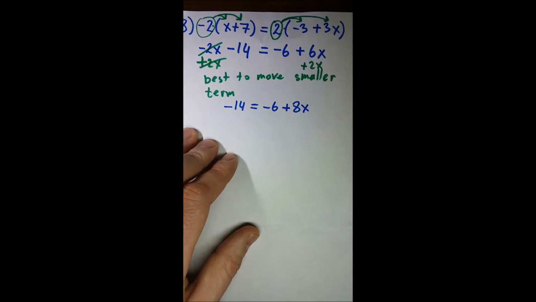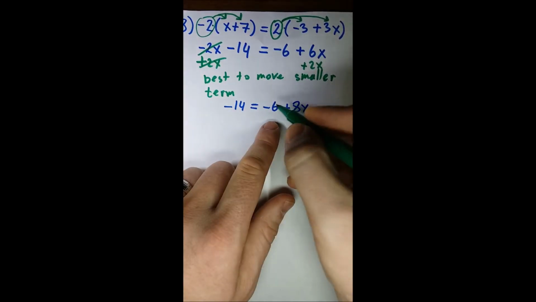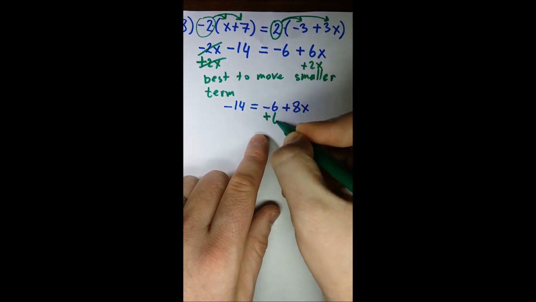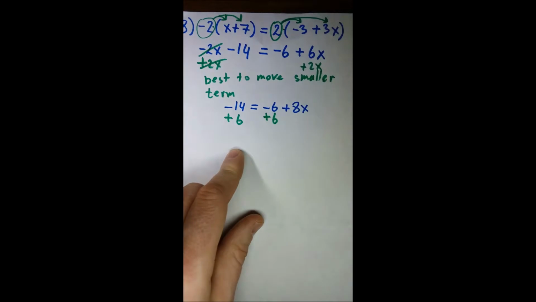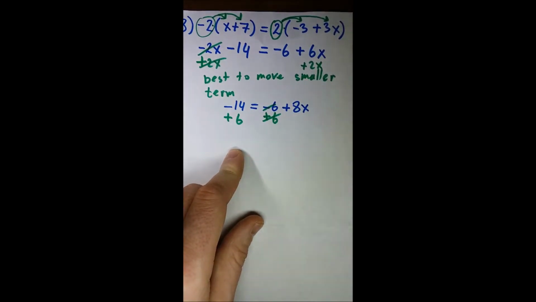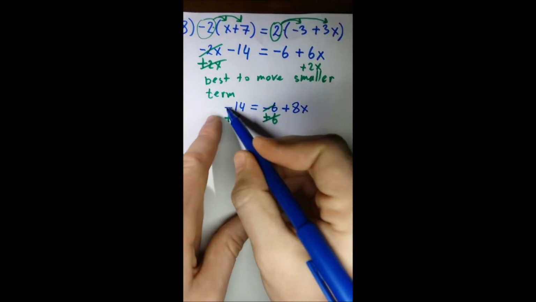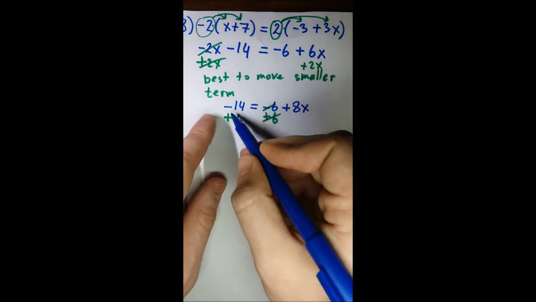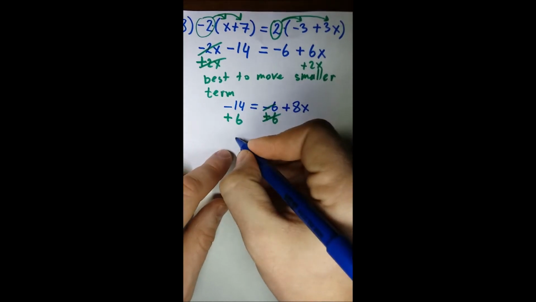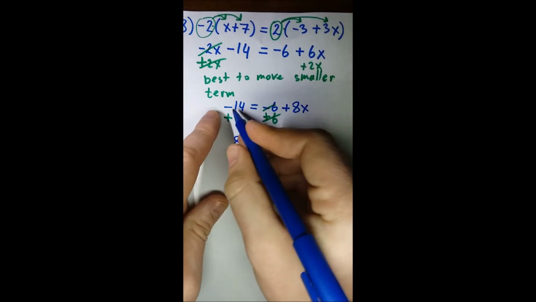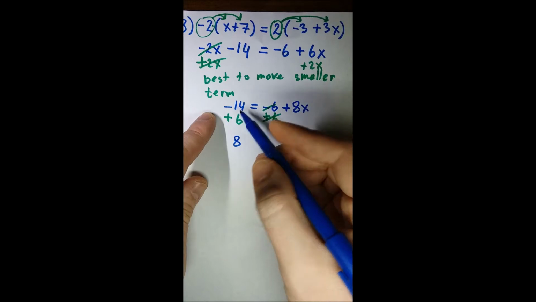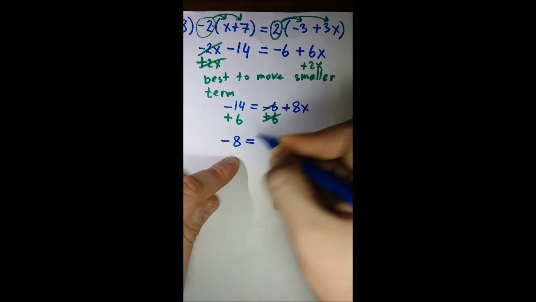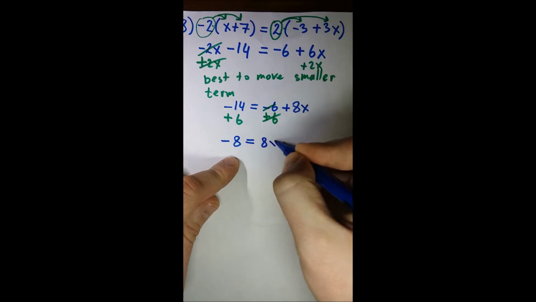Now we've got to move this negative 6 to the other side. How do you do that? If it's a minus 6, to undo that, you plus 6 to both sides. Now, this inevitably cancels the negative 6's. Negative 14 plus 6, same sign, add and keep, different sign, subtract. So you subtract. 14 minus 6 is 8, and keep the sign of the greater absolute value number, so I'm going to do a minus 8 equals 8x.